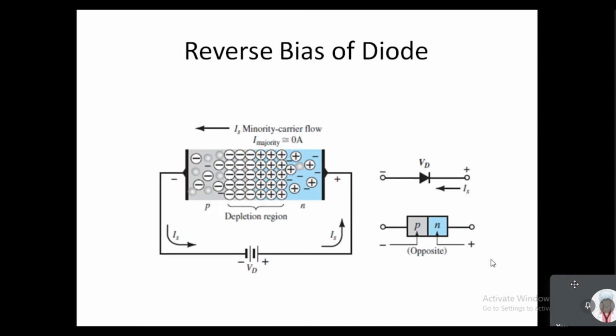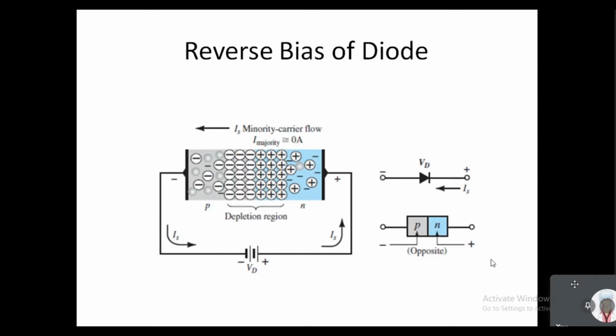But at the same time, this is assisting the flow of minority charges, that is the electrons on the P side and the holes on the N side. They can easily travel in the presence of this increased barrier.